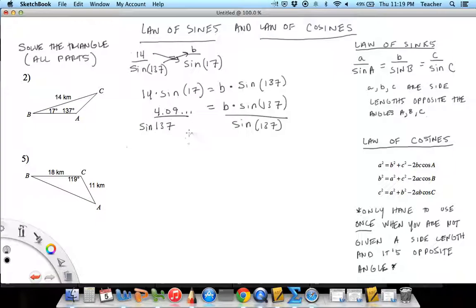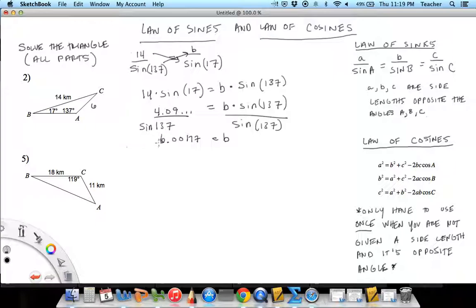So what we get here is 6.0001 and so on, equaling B. The side length of side B, rounded to the nearest tenth as it says in your directions, is 6.